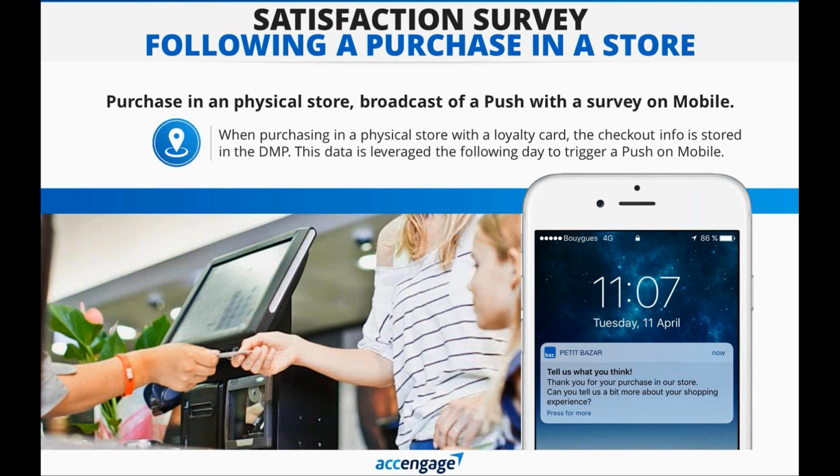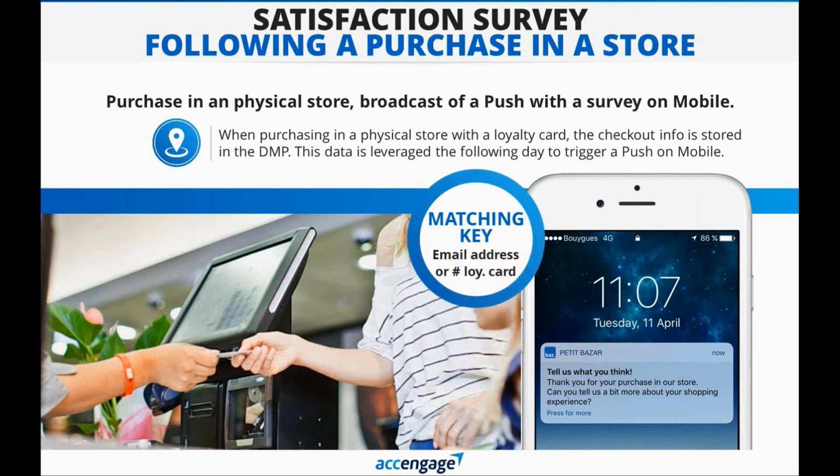So you can really leverage some interesting new communication channels at a very low cost, built over this multi-channel purchase which was captured by the DMP. In that case, the matching key would be the email address or the loyalty card ID.